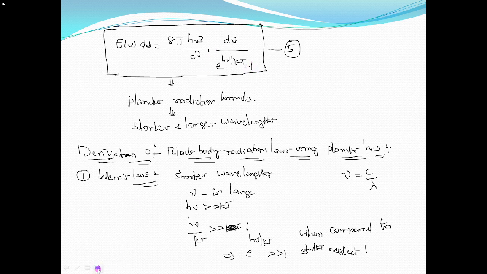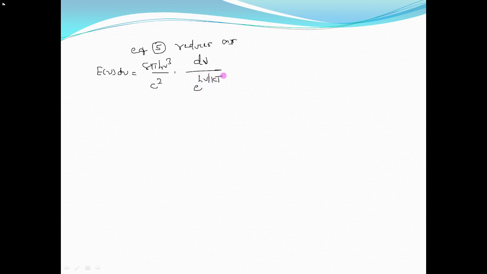So what happens to this equation? Equation 5 reduces to E nu d nu is equal to 8 pi h nu cube divided by c cube into d nu divided by e power h nu by kT, because 1 is neglected.